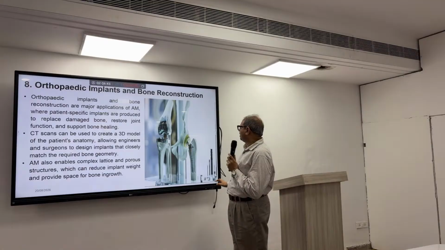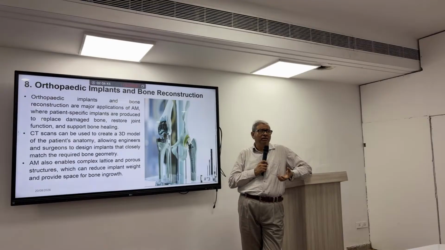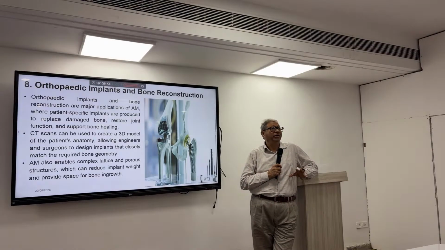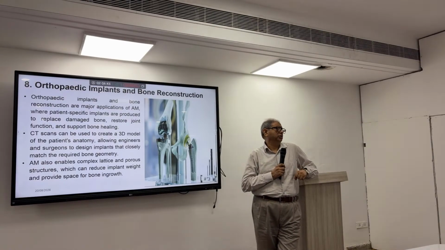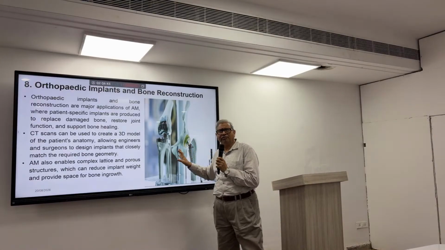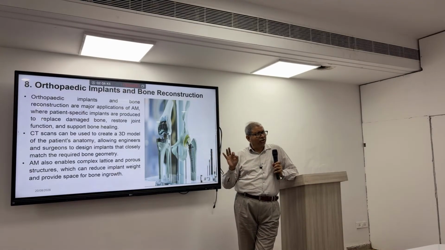So orthopedic implants are also there. You know that nowadays it has become very common to have your knee joints, and even all types of joints are now being replaced. It is basically planting a metal or a joint, and the surface of that जो आपका गोला होता है surface को वो change करते हैं. तो this is again done through 3D printing, there are a lot of companies which are 3D printing customized joints for your convenience.